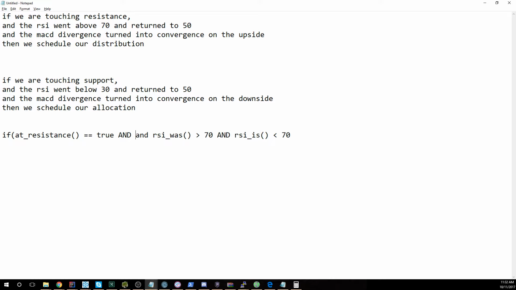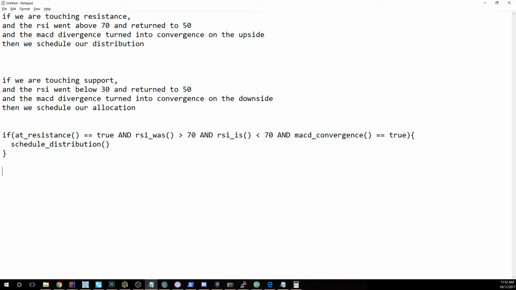Make this and. And. And. No, that's it. There's the automation mindset right there.